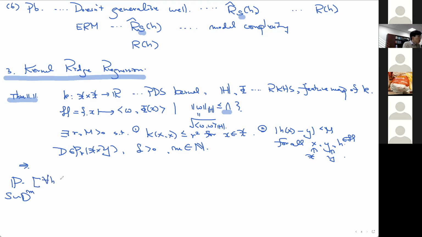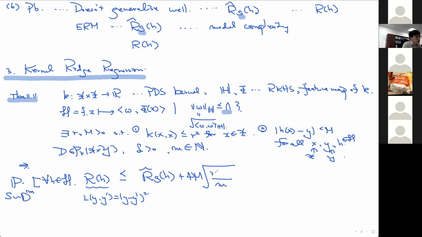For all hypotheses, the error, computed with squared loss, is bounded by the corresponding empirical error plus 4M times the square root of something, plus M squared times the square root of log 1 over delta over 2m, with high probability.